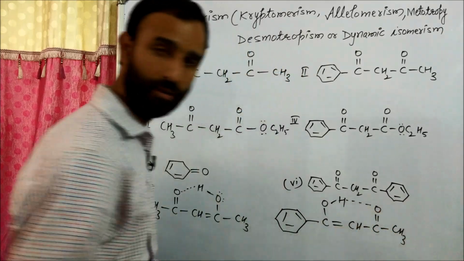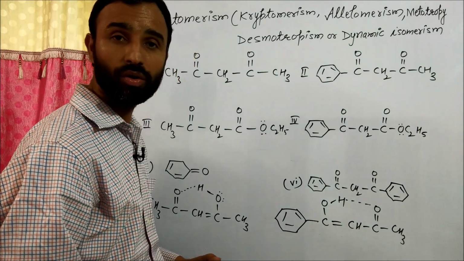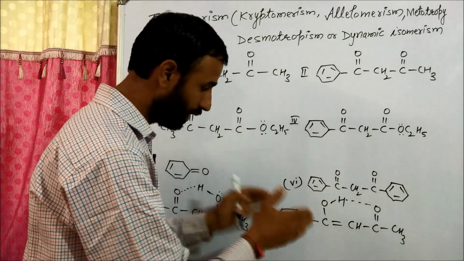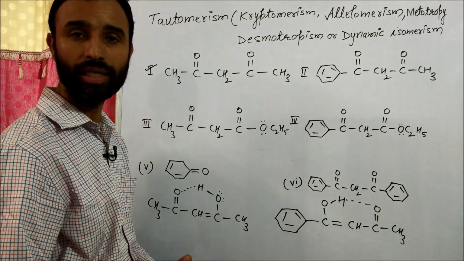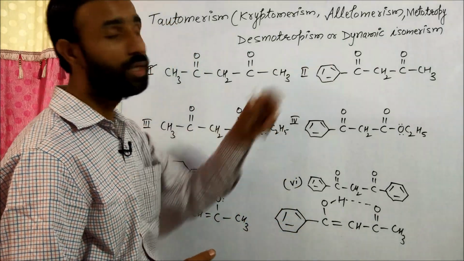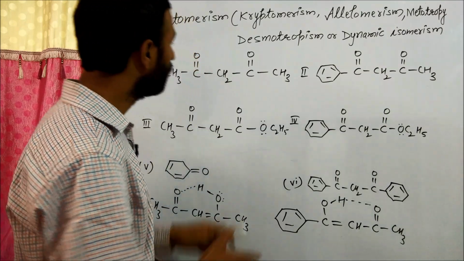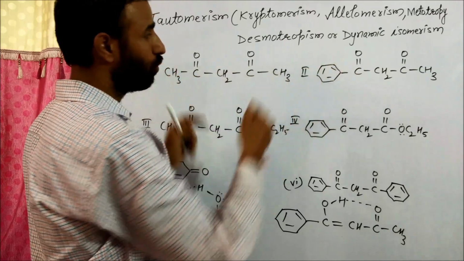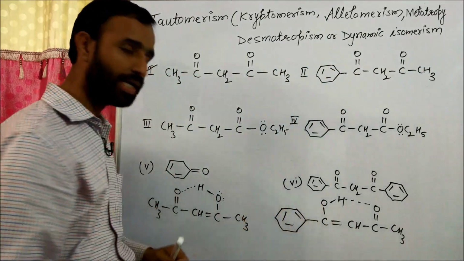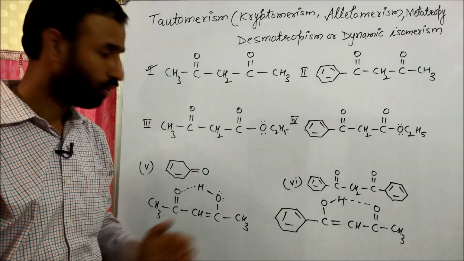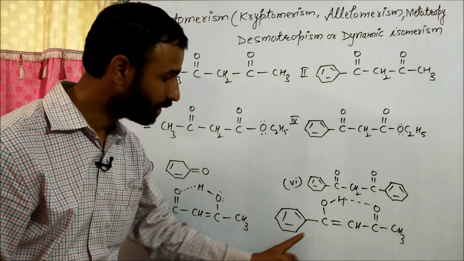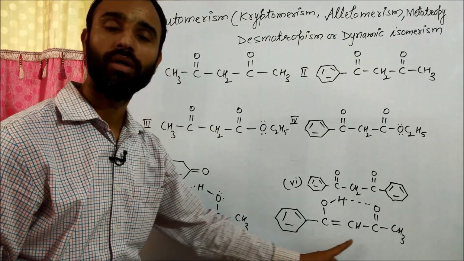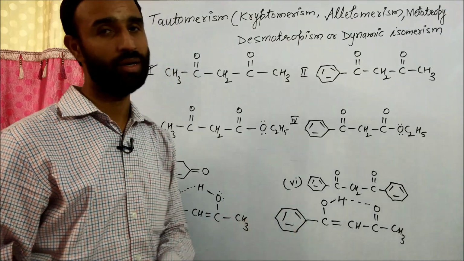Again there is hydrogen bonding as well as increase in conjugation, and in enol content increase in conjugation is more than in keto content. That's why if we compare enol content of these 2 compounds, which one has higher enol content? Obviously this one, because in this case conjugation is more on enol content of molecule containing phenyl group.